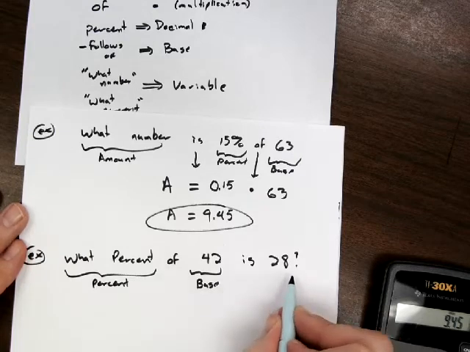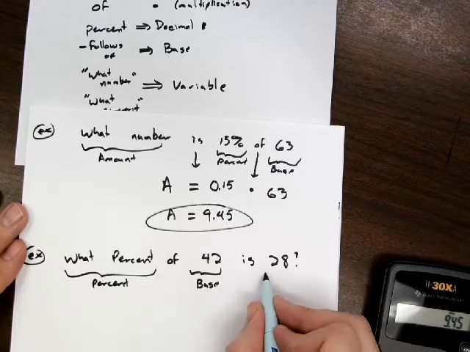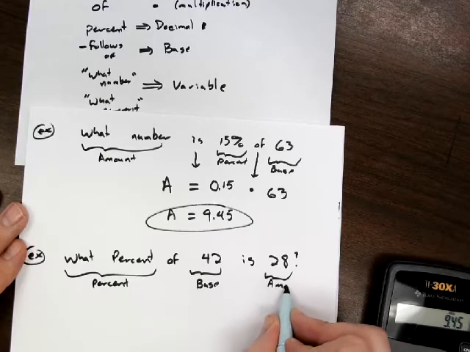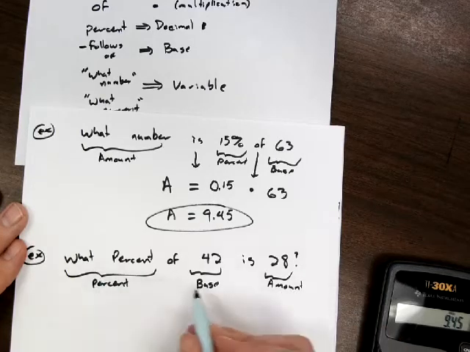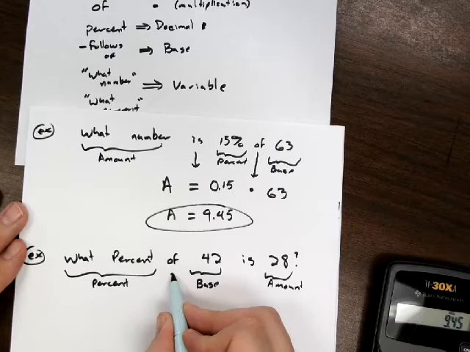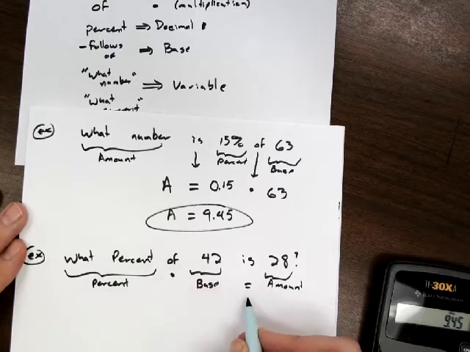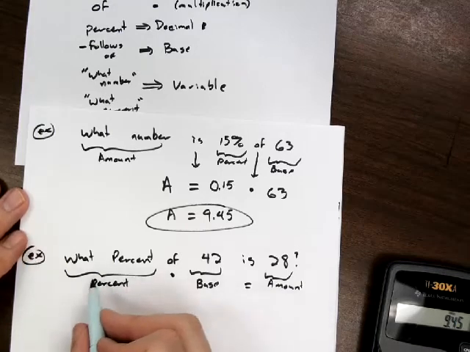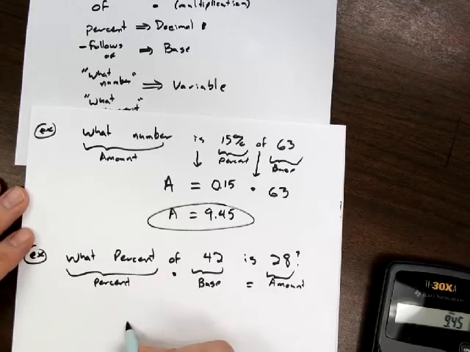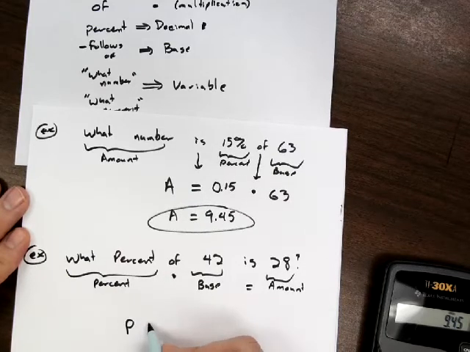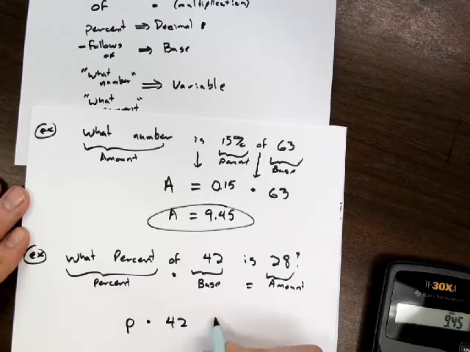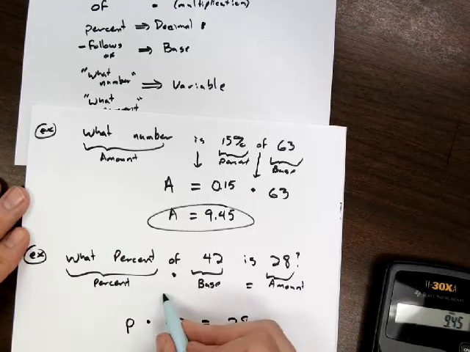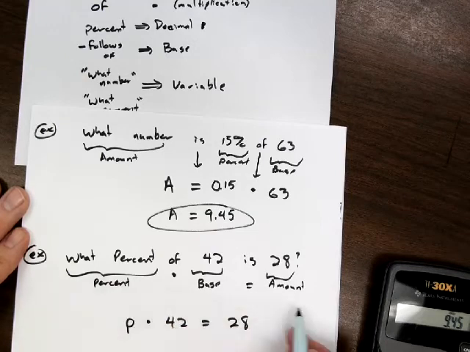And that last value is going to end up being our amount. Of is going to be multiply, is is going to be our equal sign. Well, I don't know what percent I've got here, but I can just use P for a variable. P times 42 is going to be equal to this 28. All we've done is just translate this nearly word for word.